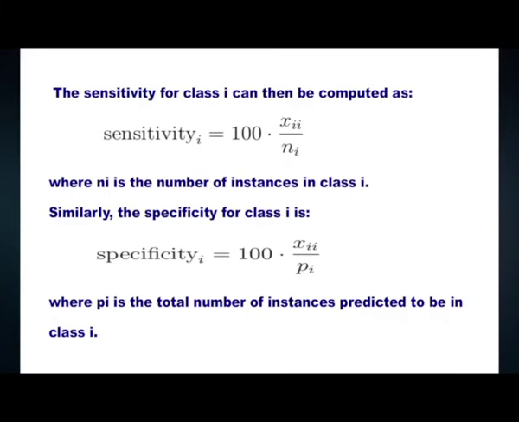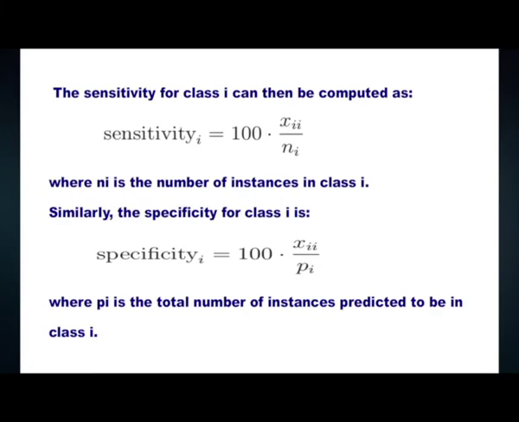The sensitivity for class i can then be computed using the formula sensitivity of i equals 100 times Xii divided by Ni, where Ni is the number of instances in class i.